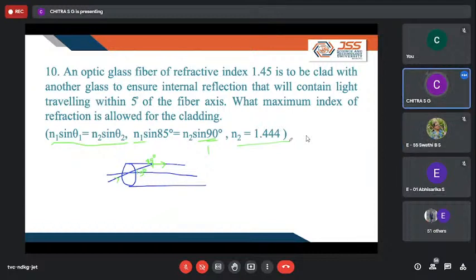So after this answer you can write, if n2 is equal to 1.44, the refracted ray grazes along the interface.